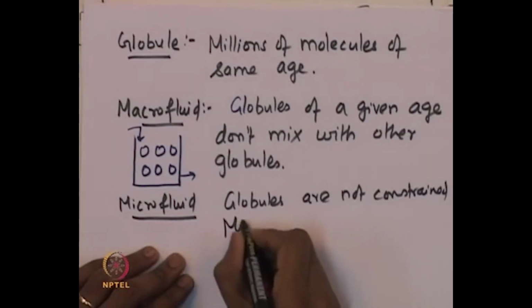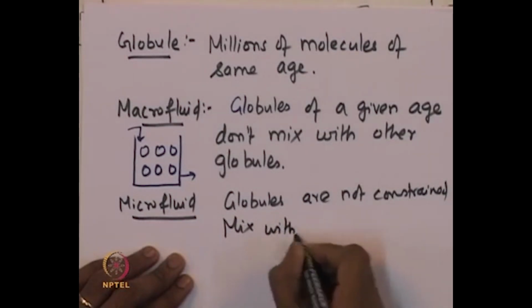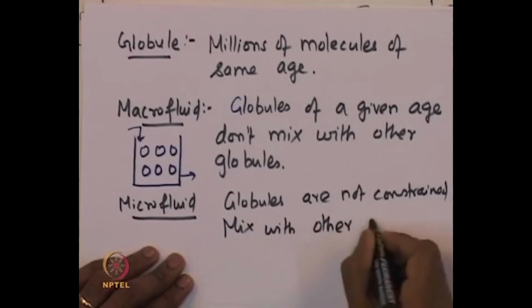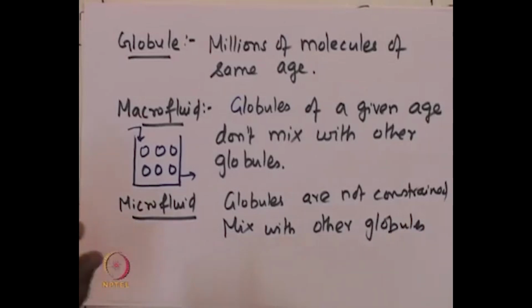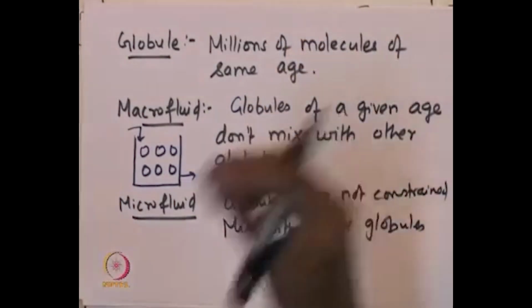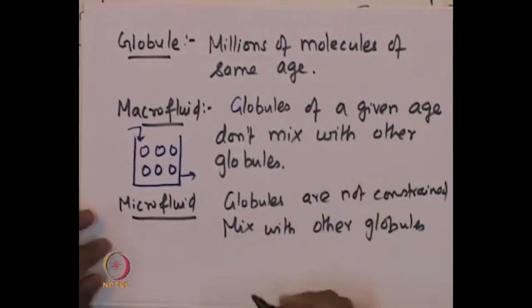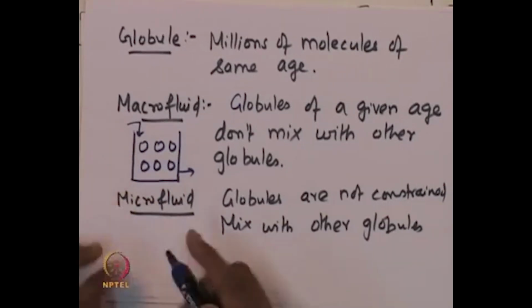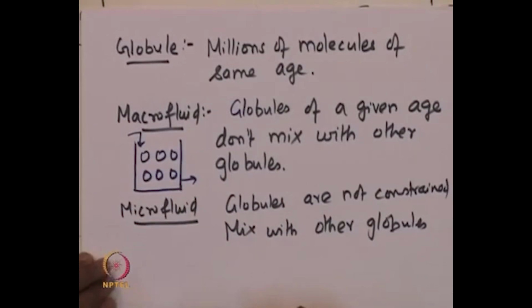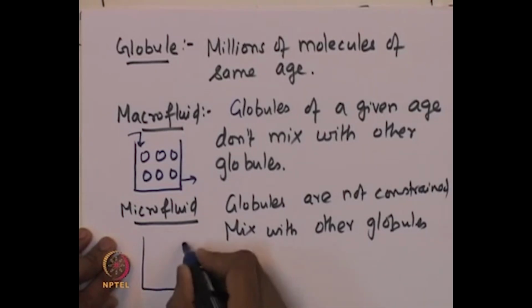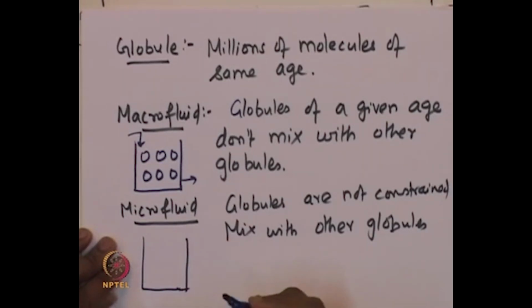This means the molecules present in one globule move to another globule, and there is exchange of molecules between different globules. If the fluid inside the reactor is a microfluid, one cannot distinguish between particles of different ages.